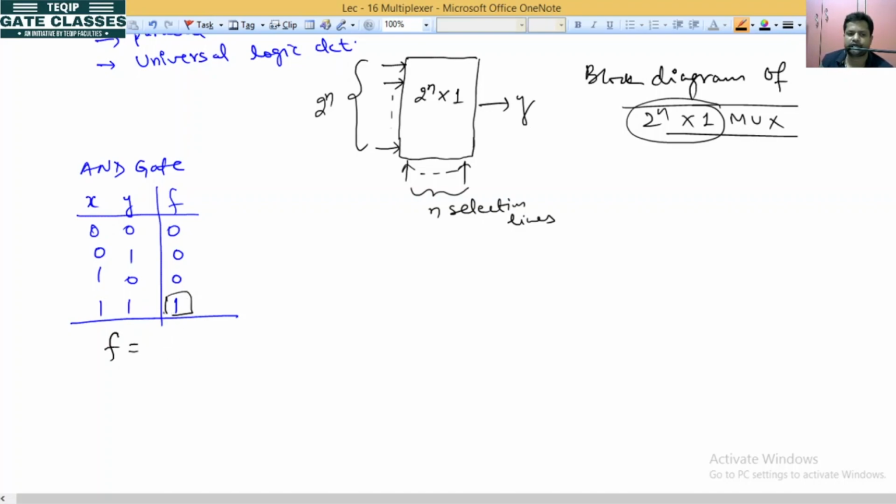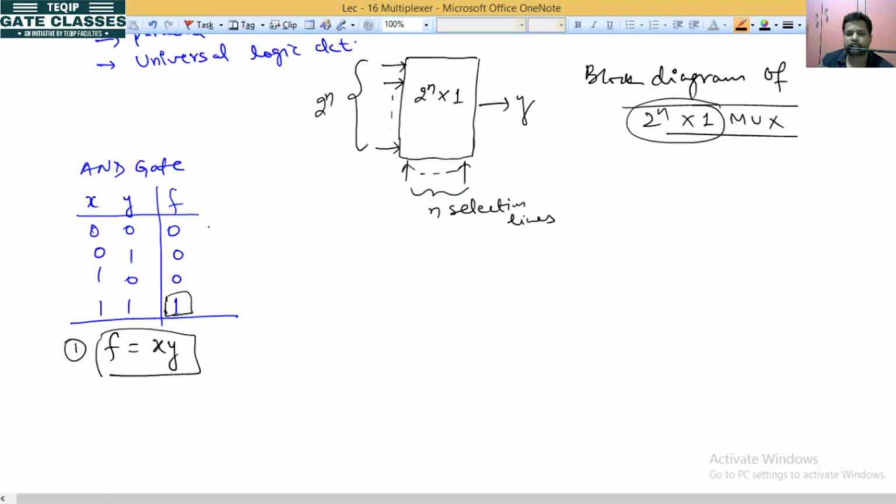So we pick output 1 and write 1 as a normal form, and 0 as a complemented form. So it will be xy. Okay, this is one way to derive the expression for a function from a truth table.